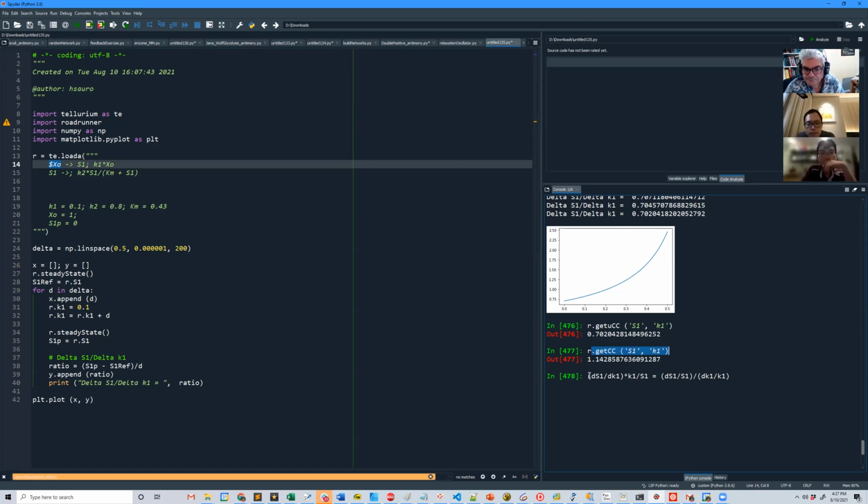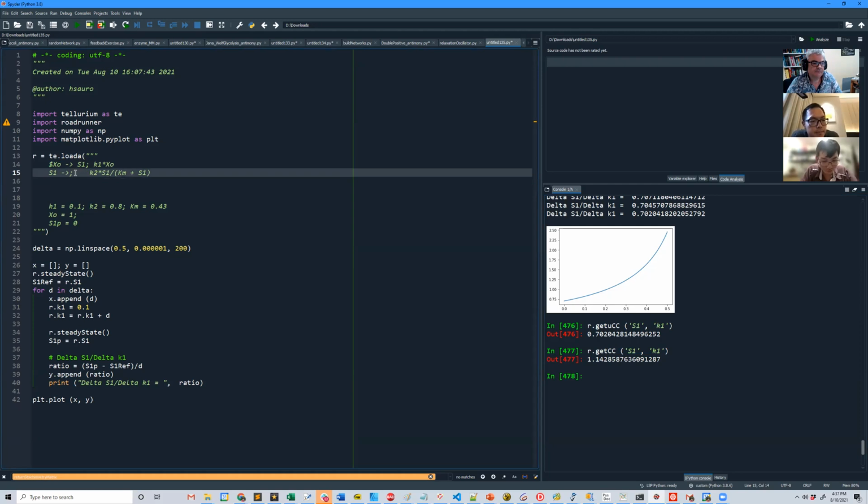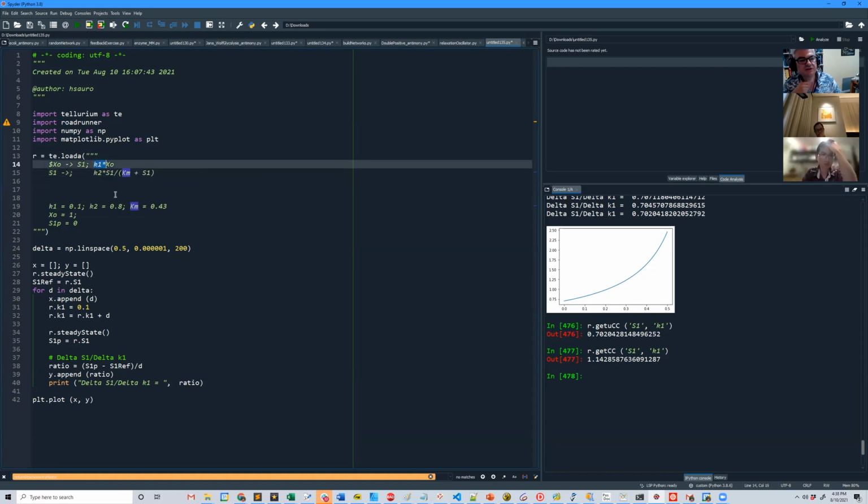Now, the other thing that we generally do, when it comes to an enzyme pathway, is compute these sensitivities or control coefficients with respect to the Vmaxes, or some linear multiplier into the expression. We don't normally look at the sensitivity of the Km, so we'd look at K1 and K2, right?